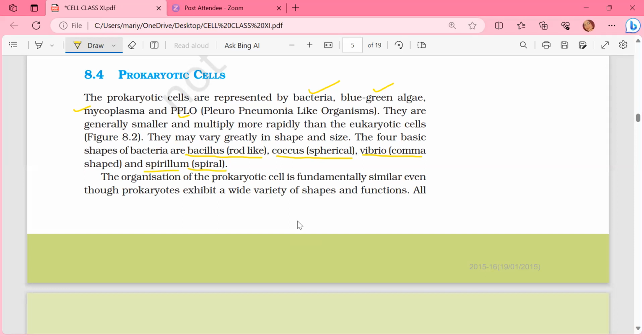Since prokaryotic cells are simpler as compared to eukaryotic cells, the organization of the prokaryotic cell is very simple too. They exhibit a wide variety of shapes, sizes, and functions.